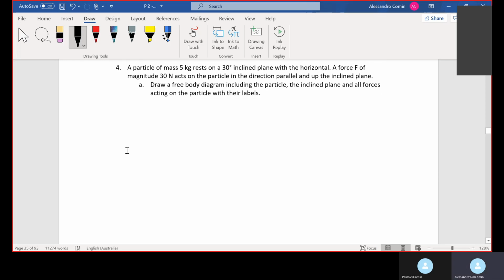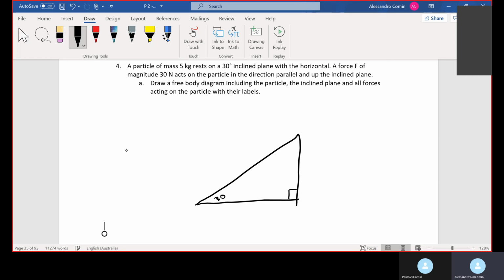Okay, question 4. A particle of mass 5 kilos rests on a 30-degree inclined plane. So this is obviously going to be my inclined plane, 30 degrees. mg sine theta pointing down, mg cos theta, and obviously the normal force.